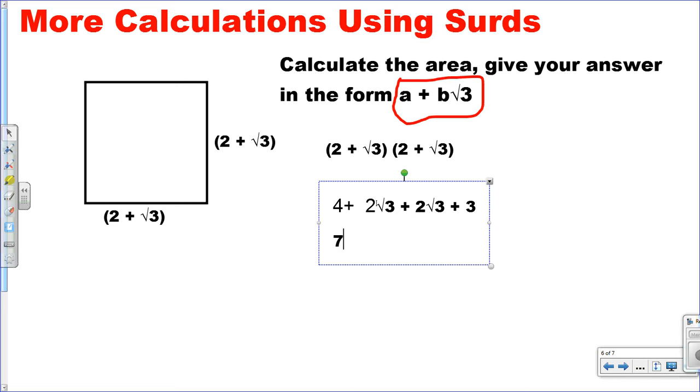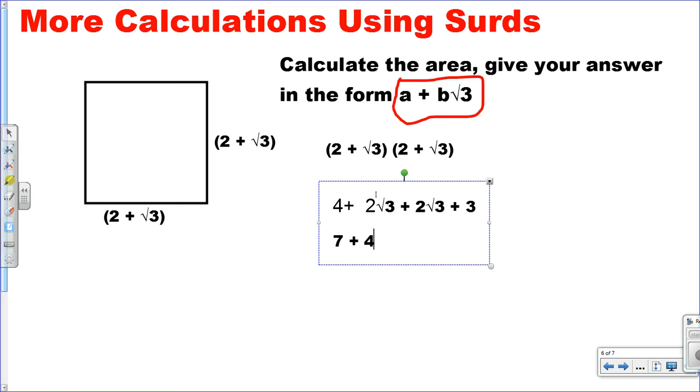Now we've got these two surds. On the previous slides, we talked about multiplying surds and dividing surds. We didn't talk about adding surds. When you're adding surds, what we need to do is worry about the number outside the square root symbol. So here we've got 2 and 2. So 2 plus 2 is 4.